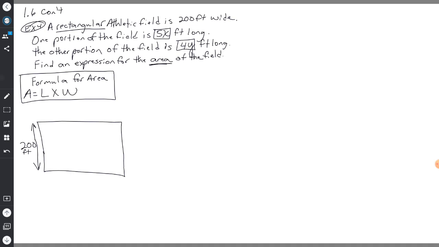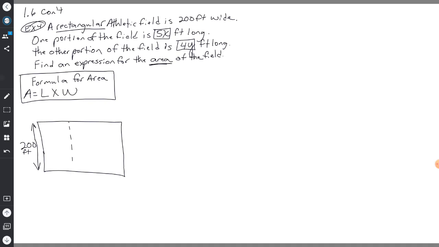And one portion of the field is 5x feet long. So we have this part right here, and they're telling us that a portion of it is 5x feet long.